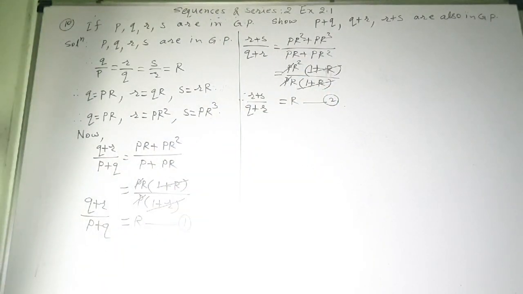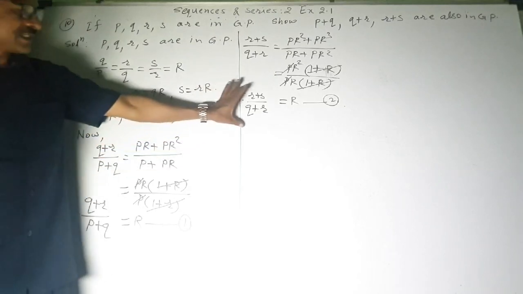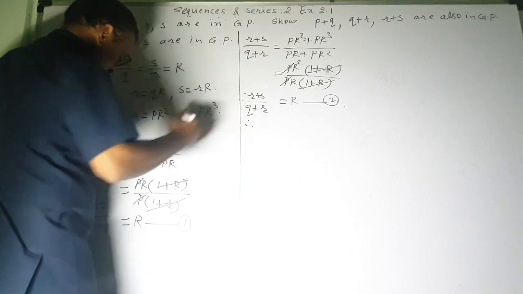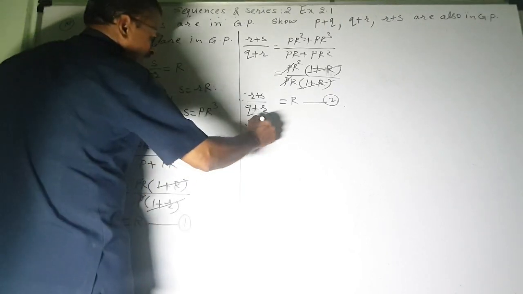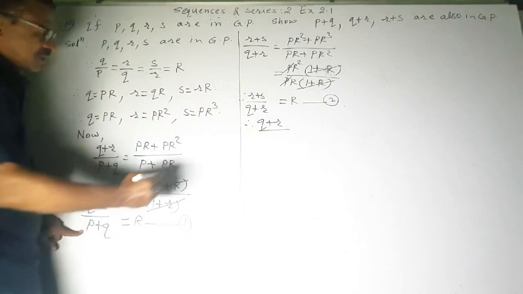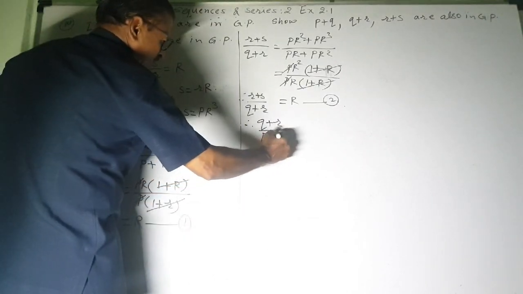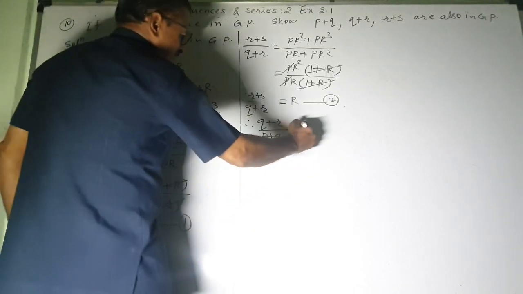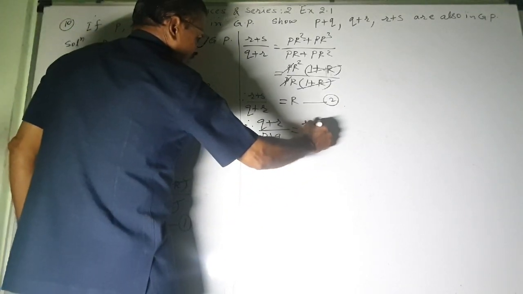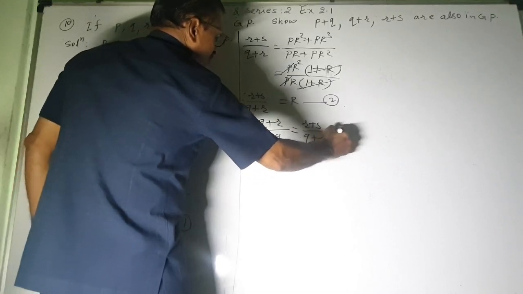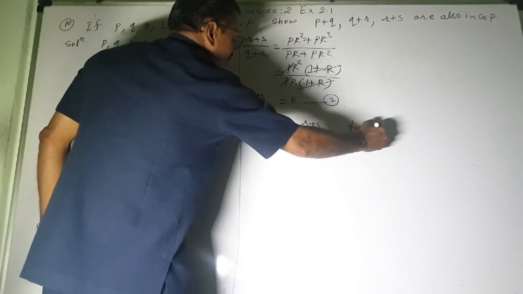So, from 1 and 2, this and this are equal to R. Therefore, Q plus R upon P plus Q is equal to R plus S upon Q plus R, from 1 and 2.